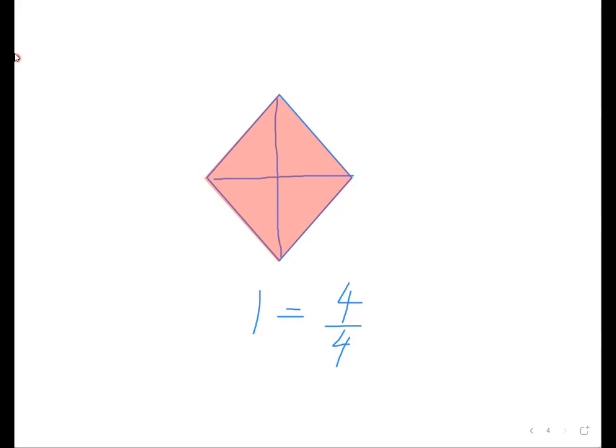You can check here that you have 1/4 here. That's a 1/4 actually. That's another 1/4. That's another 1/4. That's another 1/4. When I put them all together, I will get the 4/4.